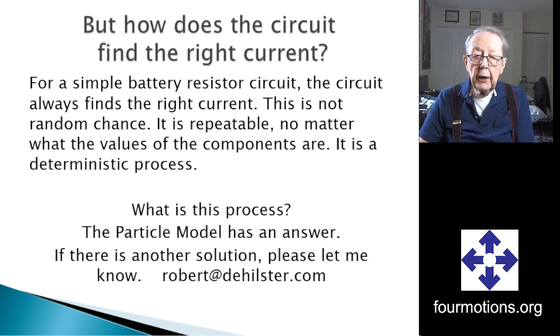For a simple battery resistor circuit, the circuit always finds the right current. It's not random chance. It is repeatable. No matter what value of the component R, it is a deterministic process. So what is this process that gets you the right current?